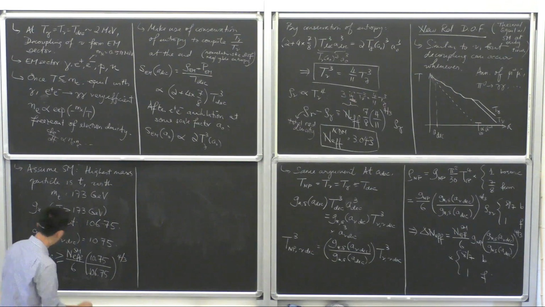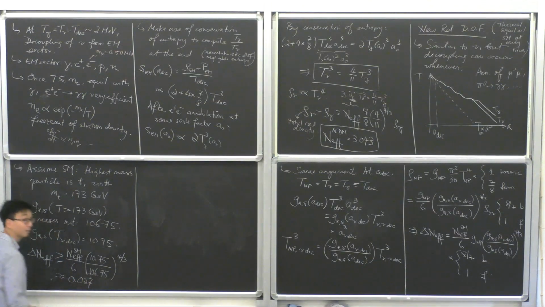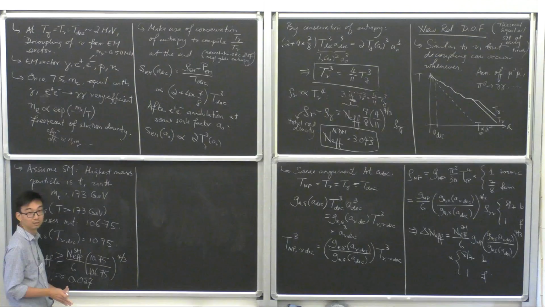Okay, and this ends up being roughly 0.027. So if you can build an experiment that is sensitive to delta N_eff of roughly 0.01, you have a hope of ruling out any possible relic that is relativistic during CMB and that is in thermal equilibrium with the standard model, assuming that the standard model is complete.